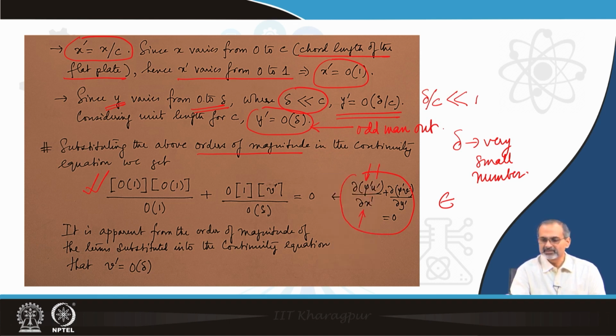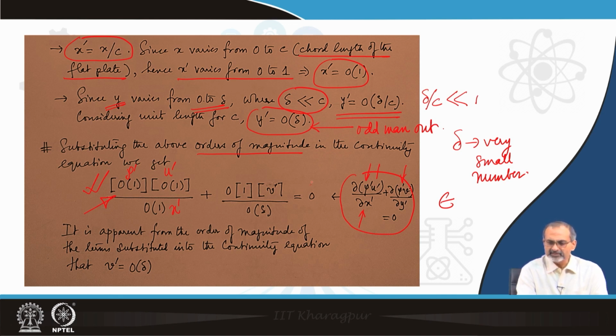Similarly, the second term in the continuity equation. If you look at it that way, you have a product of two orders, that of rho dash and u dash, and order of x dash in the denominator, all being order 1 terms.